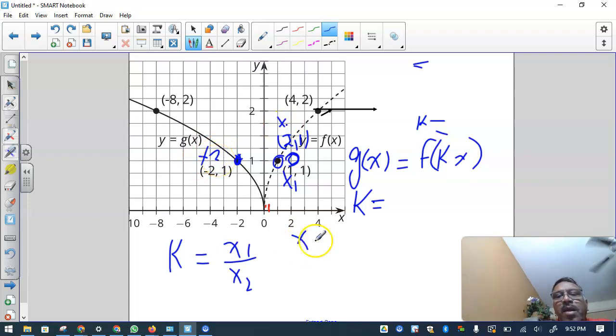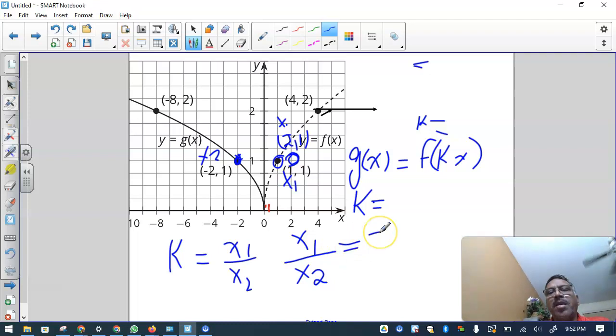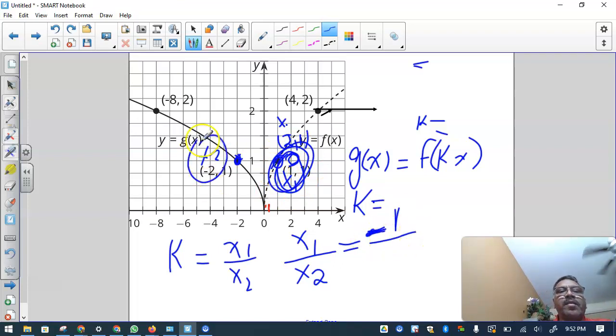So it is like x1 divided by x2, so which is minus 2. Sorry, the first one is 1. That's the 1. So minus 1 divided by x2 is minus 2. Oh, sorry, I made a mistake here.